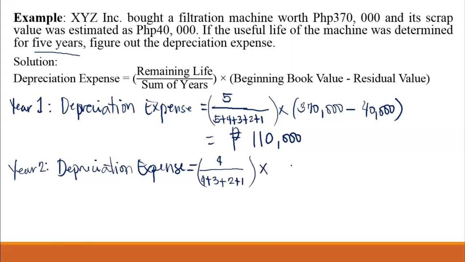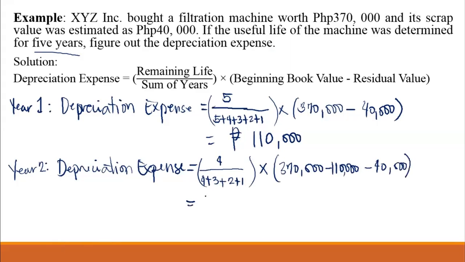Times yung beginning, okay? 370,000 minus 110,000, okay, minus yung residual na scrap value, 40,000. Okay?